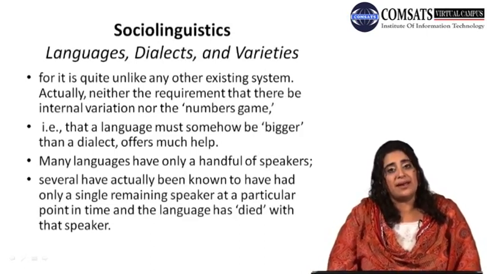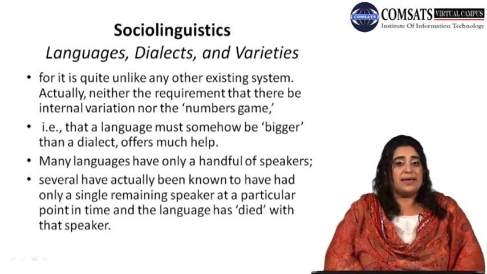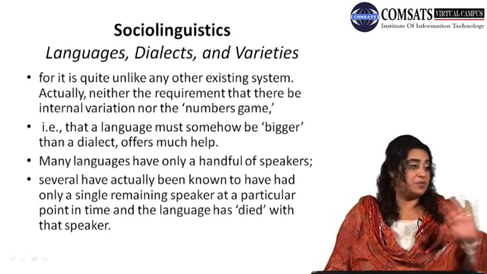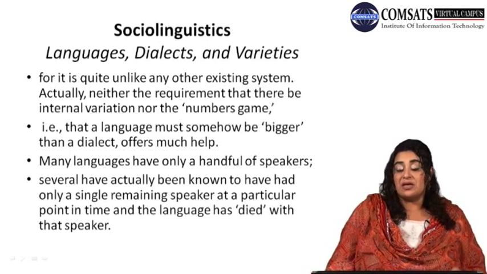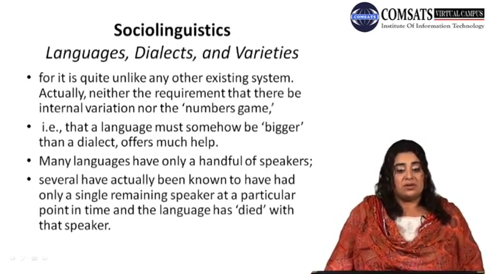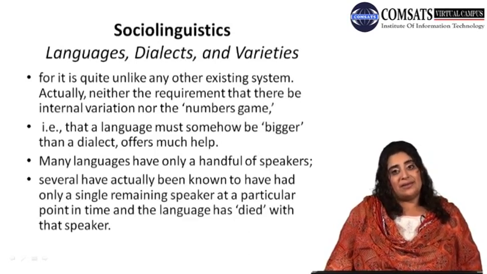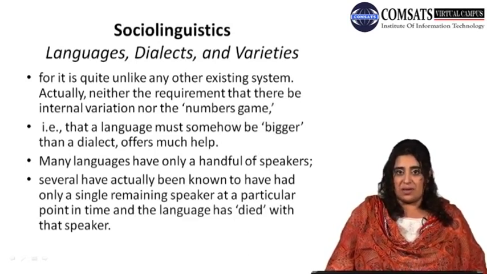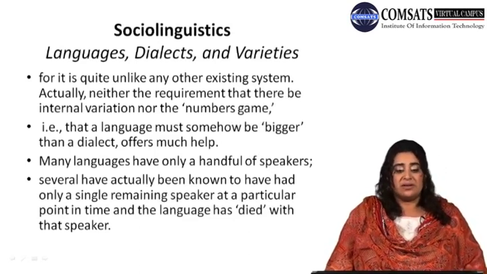Language being bigger than a dialect would mean that a language is as a whole a different language from a totally different base, with different pronunciation, different alphabets, different grammatical rules. But a dialect could have the same grammatical rules, maybe the same alphabets, but different pronunciations, or vice versa.